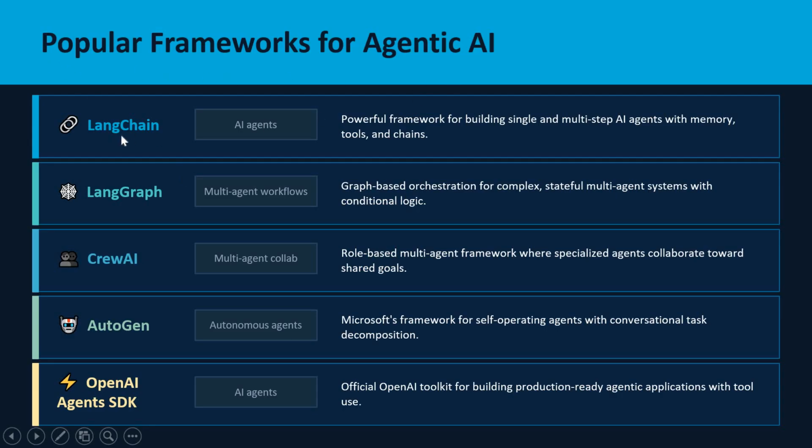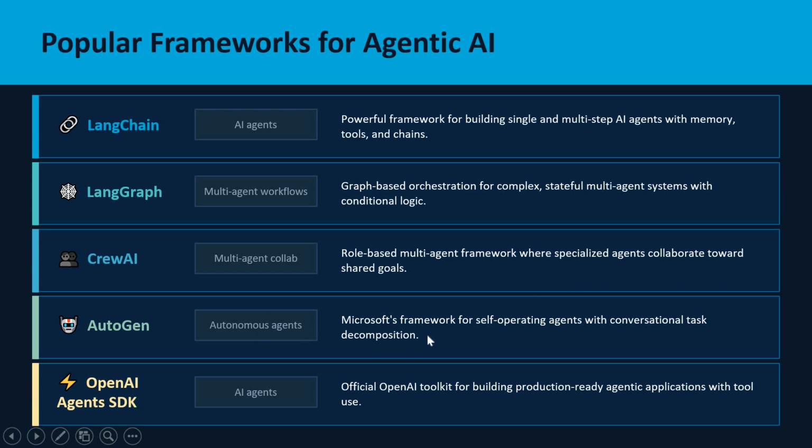Now, popular frameworks for agentic AI. LangChain is one of the frameworks for AI agents. LangGraph is for multi-agent workflow, with graph-based orchestration. CrewAI is a role-based multi-agent framework where specialized agents collaborate toward a shared goal.